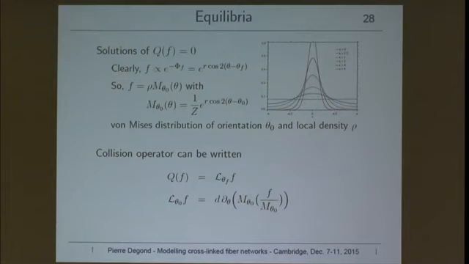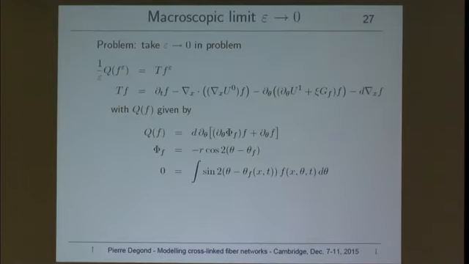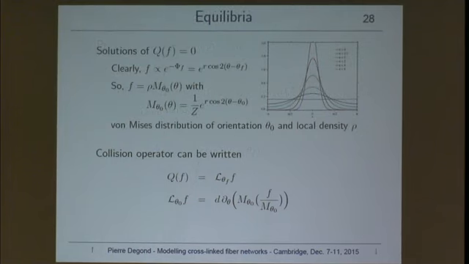And in fact, the collision operator that we have here, we can write it in terms of the von Mises distribution. If I define a nematic orientation theta 0, I can define the linear operator, which is just this. The derivative of f over the von Mises, so it's a second order operator.